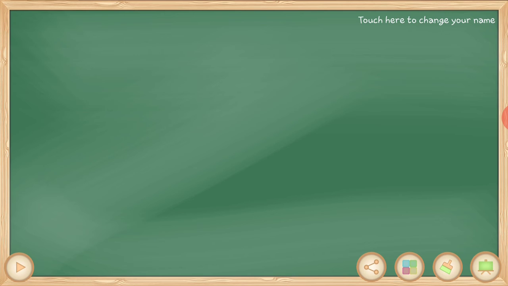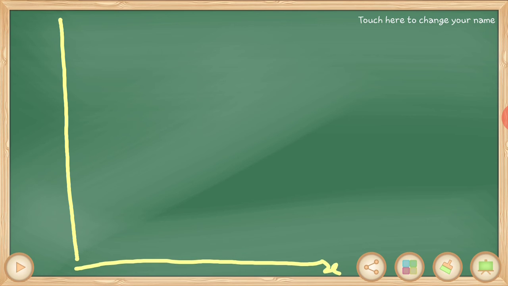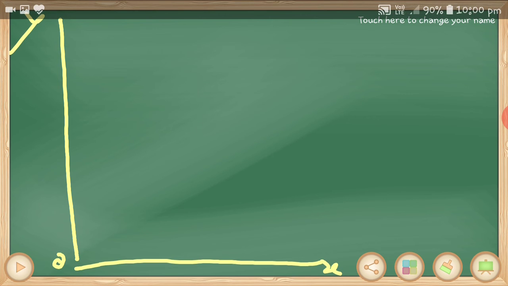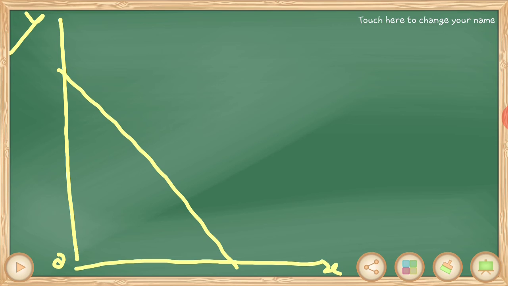See here, when the income of the consumer changes, how is it possible? This is OX, this is OY. Dear students, this is your original budget line, AB.